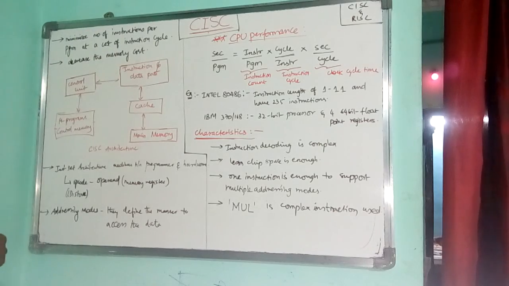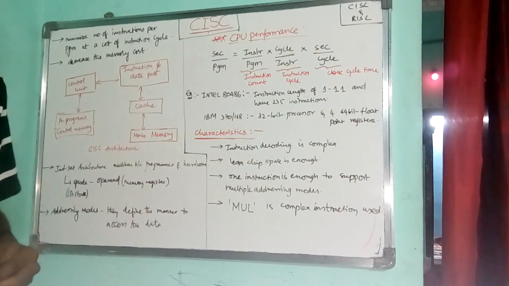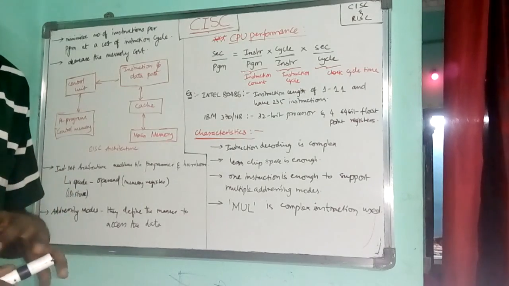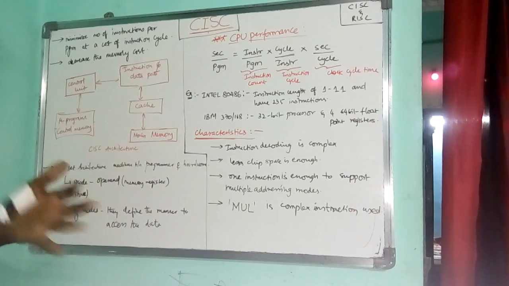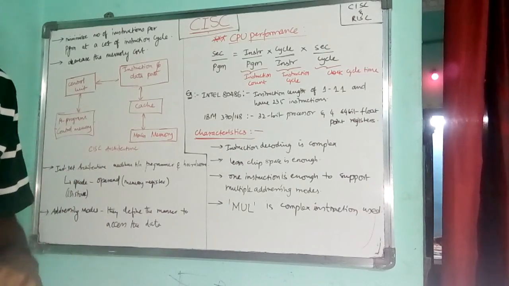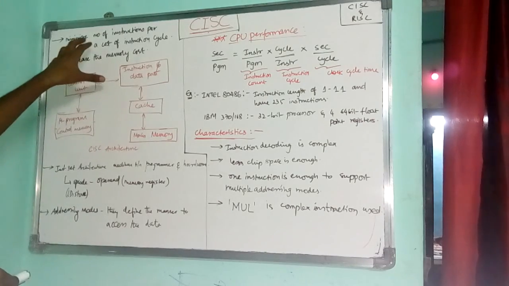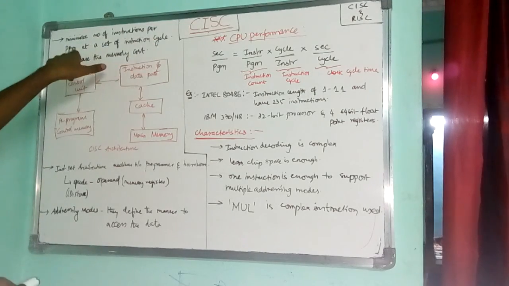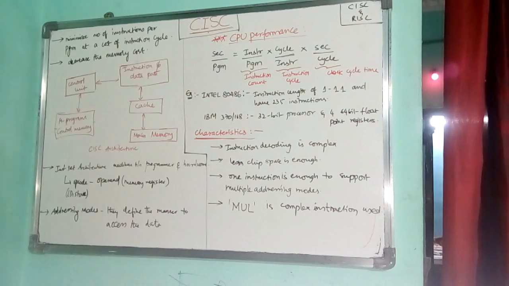First one is to minimize the number of instructions per program at a cost of instruction cycle. We have instruction cycle and clock cycle, right? Instruction cycle is given by the number of cycles taken per instruction. It says minimize the number of instructions per program at a cost of instruction cycle.